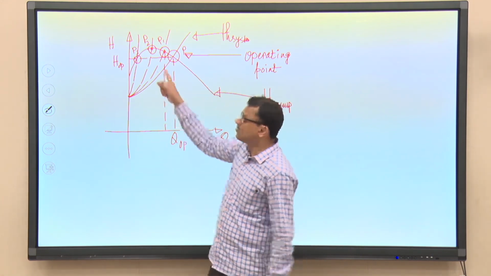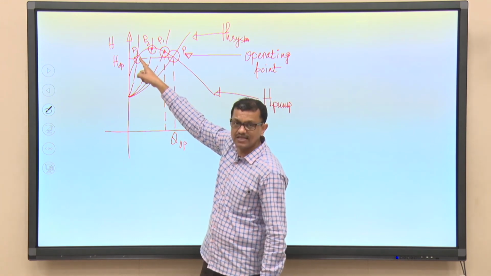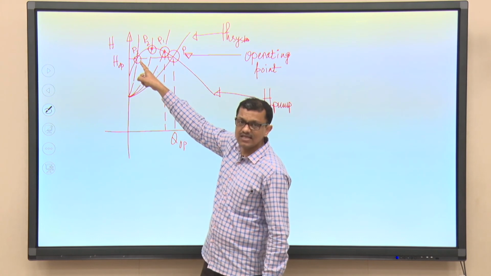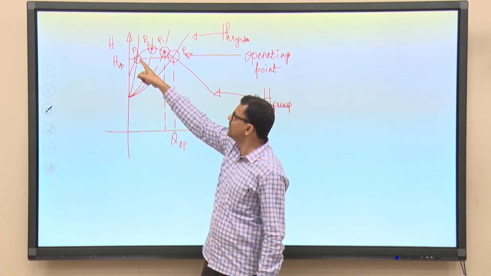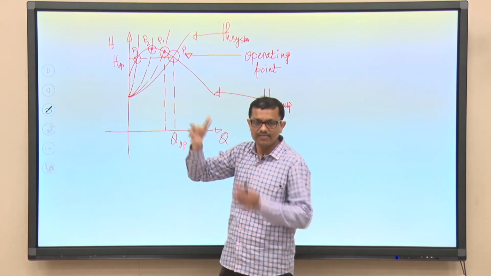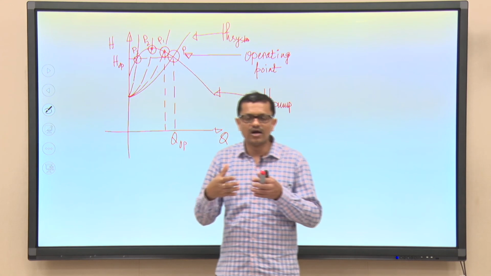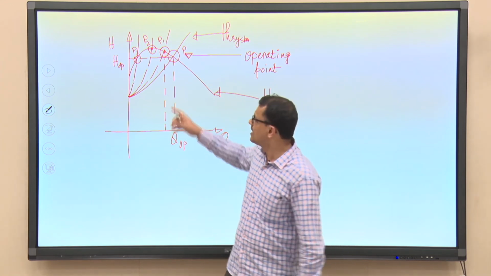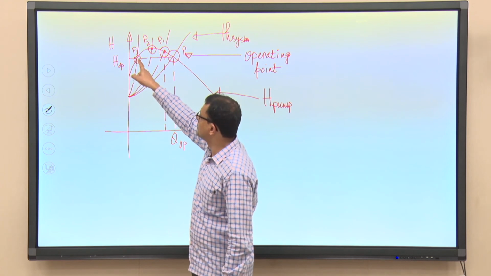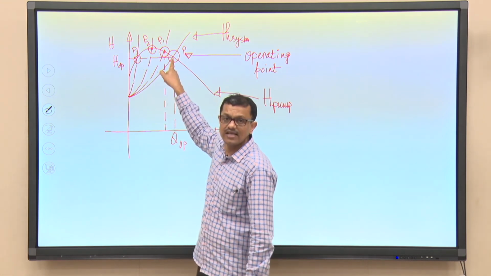But if the operating point will shift from P2 to P3, and P3 is within this bandwidth that the pump is capable of supplying, plus minus 25% of its design value, then the pump will fluctuate between P3 and P. And that is the design head.